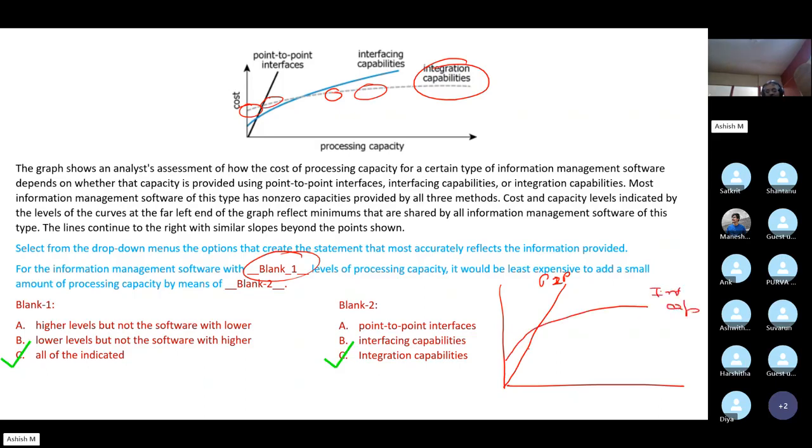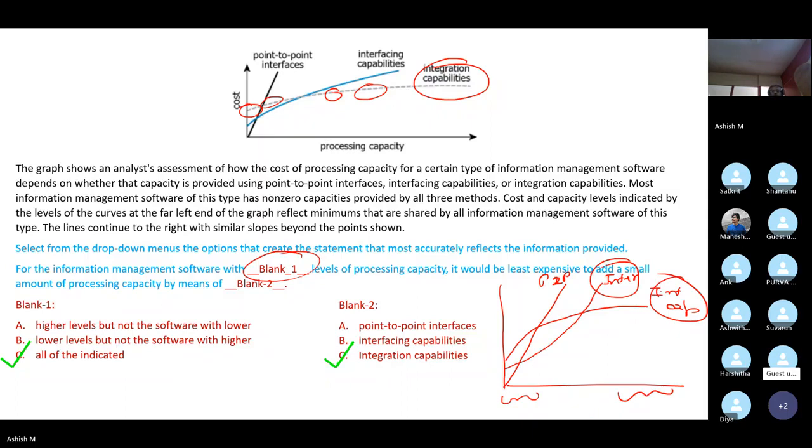I'm basically saying that if the graph was, let's say, like this for interfacing capabilities, in that case, for lower levels of processing capacity, which one would be most cost effective? It would be interfacing. Absolutely. For lower levels, interfacing would be most cost effective, and for higher levels of processing capacities, integration capabilities would have been more effective.